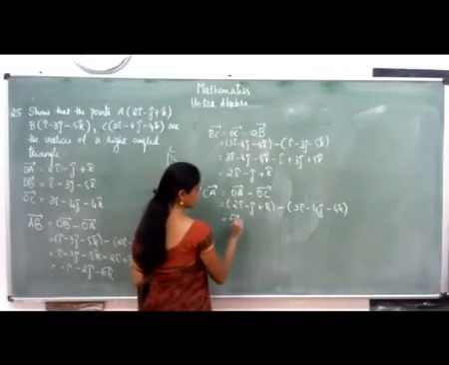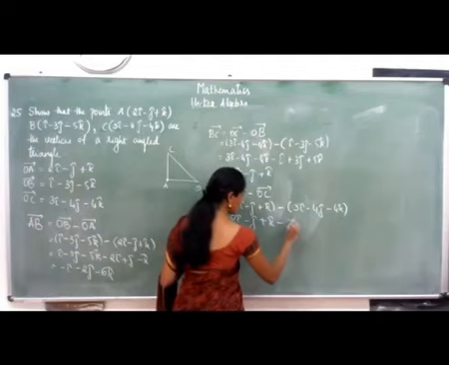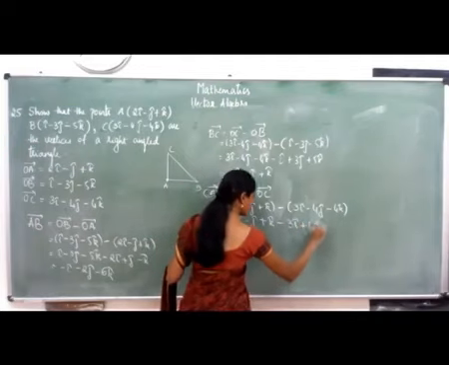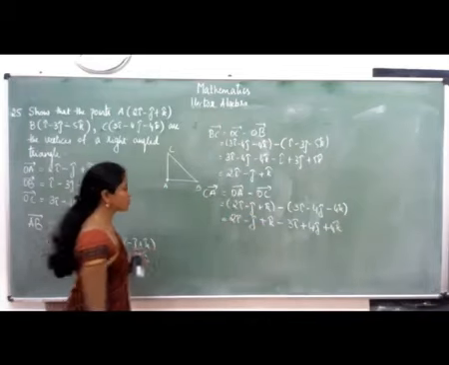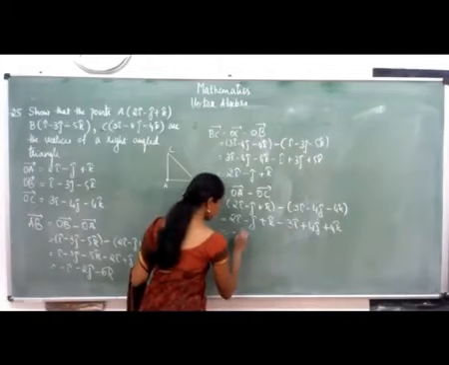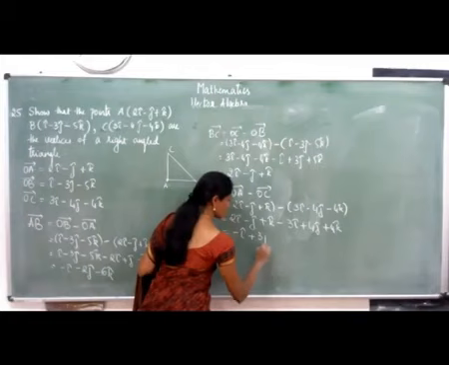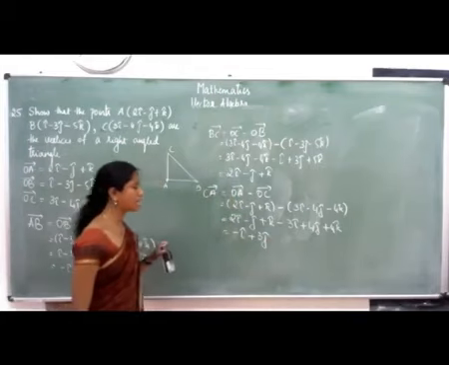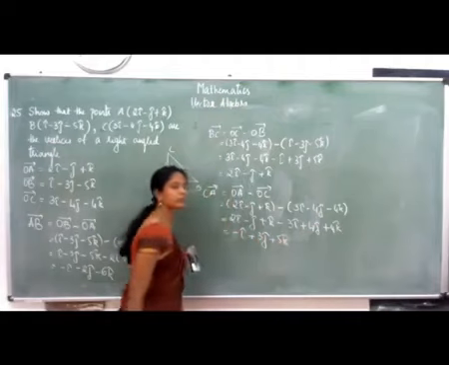So here this is equal to 2i cap minus k cap minus 3i cap plus 4j cap plus 4k cap. Okay, so this is equal to 2i cap minus 3i cap, minus i cap, plus 4j cap, plus k cap minus 4k cap, plus 3k cap.